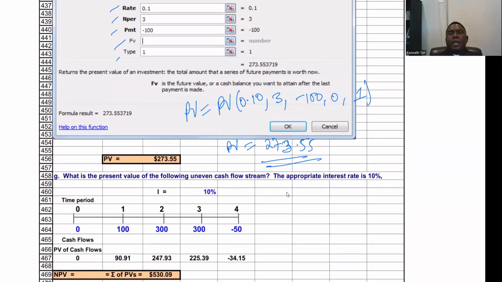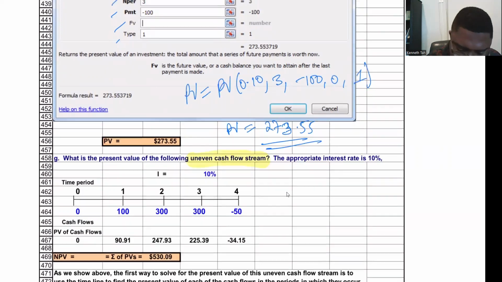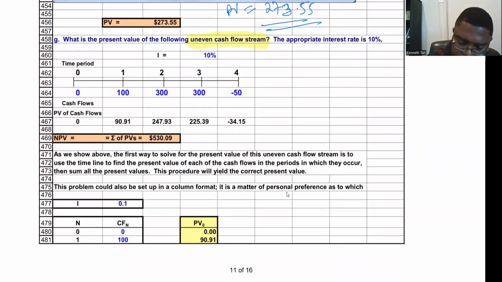All right, let's look at uneven cash flow. Notice this is an example of an uneven cash flow: 100, 300, 300, and negative 50. So the cash flow is not the same.